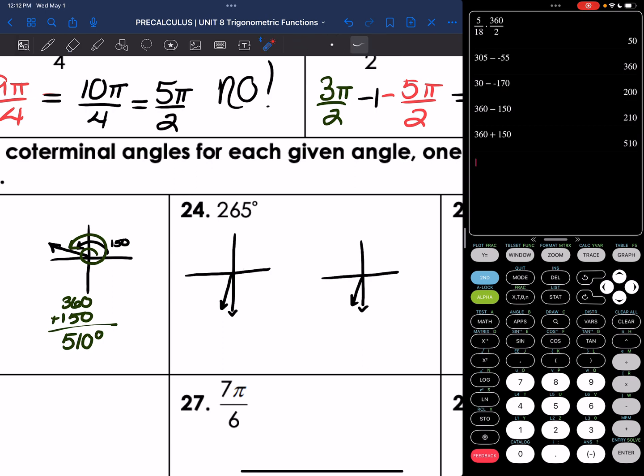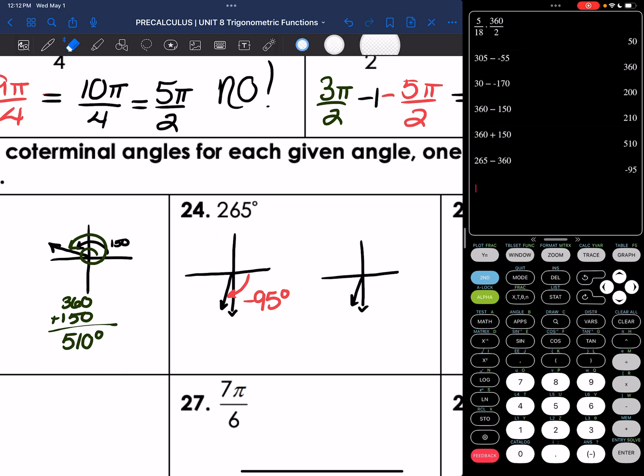So the negative would be just the difference of 265 and 360. You would take 265 minus 360, and that gives you that negative 95. That would be your negative 95 degrees.